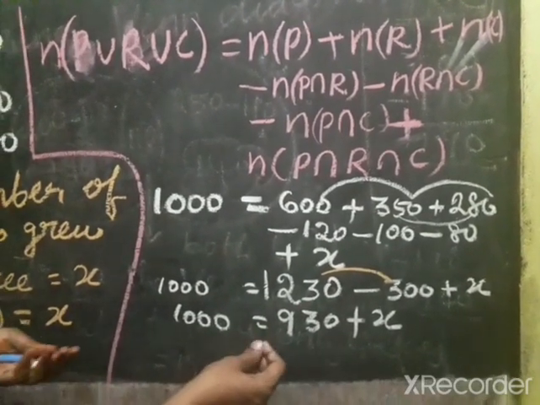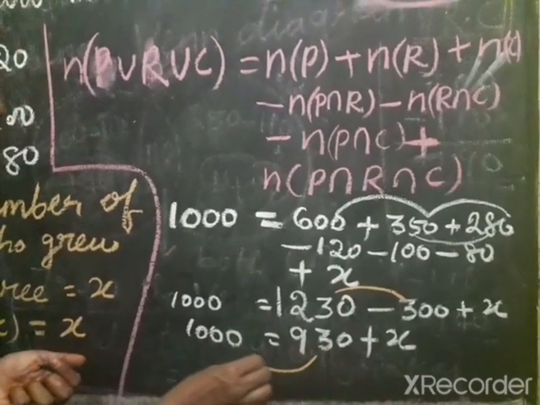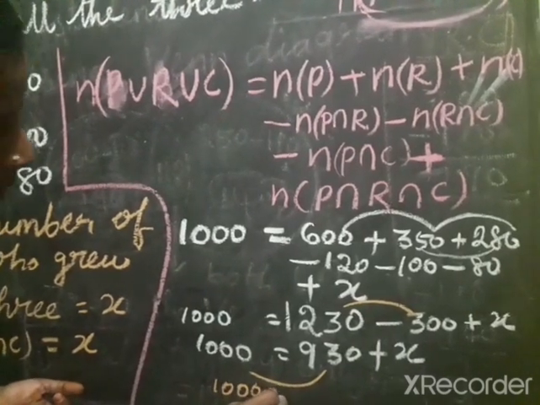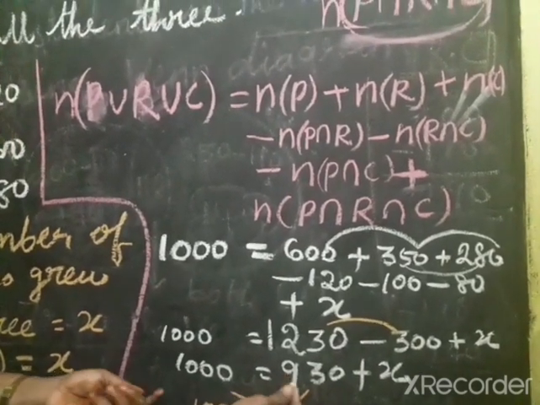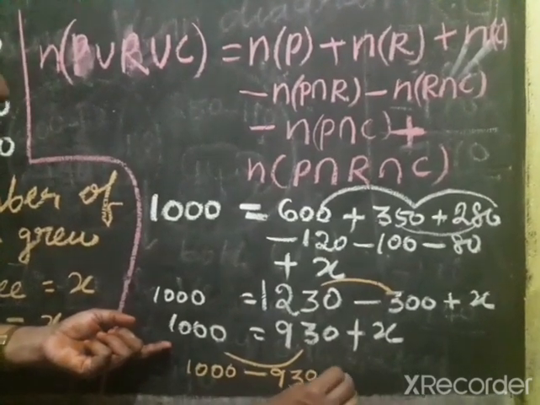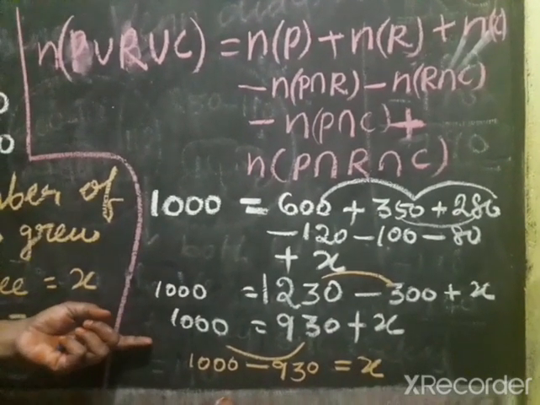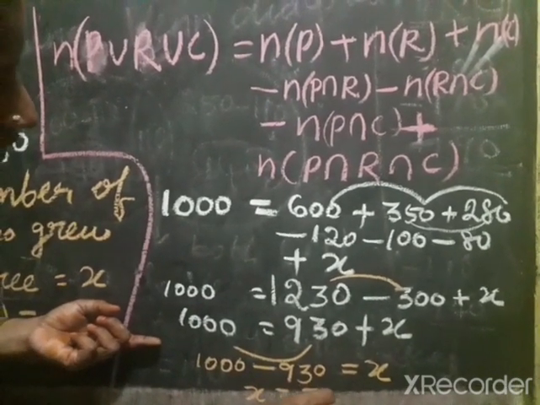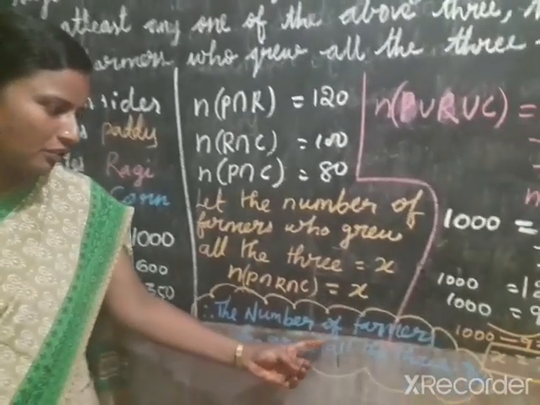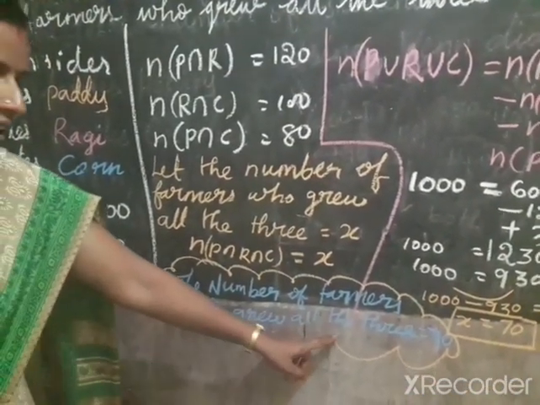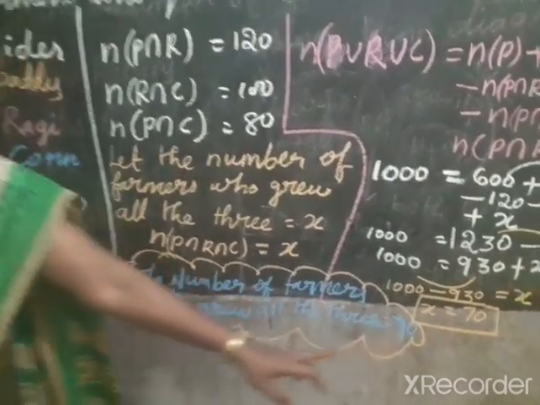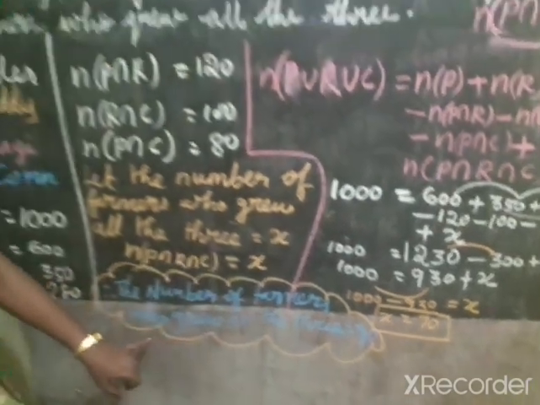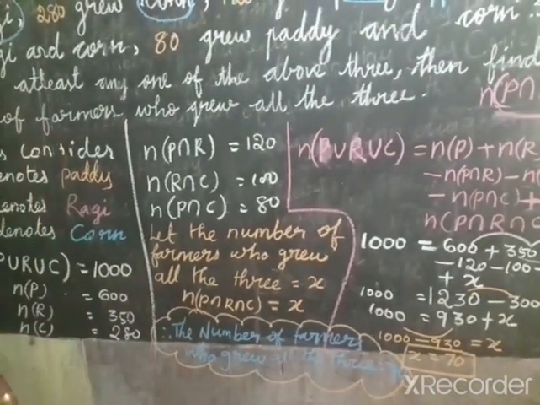The 930 comes to this side, so 1000 minus 930 is equal to X. Therefore X is equal to 70. Okay, children, the number of farmers who grew all three, how much? 70. That is what we had to find, that is the question: the number of farmers who grew all three is 70 farmers. Okay.